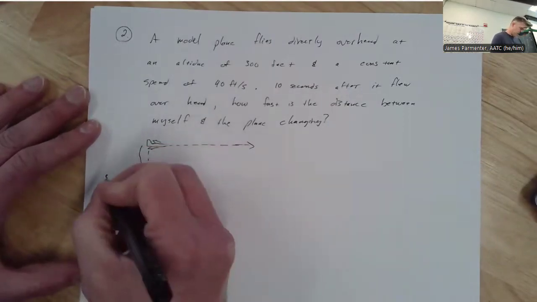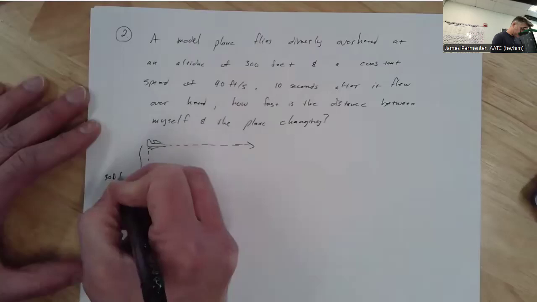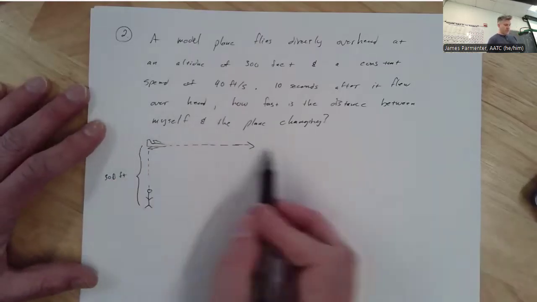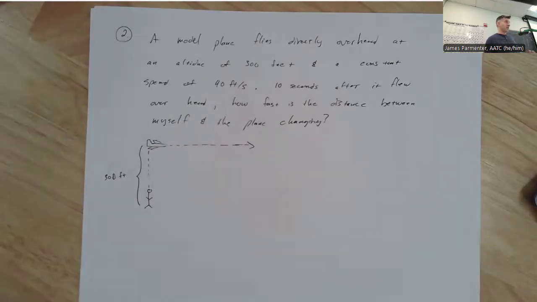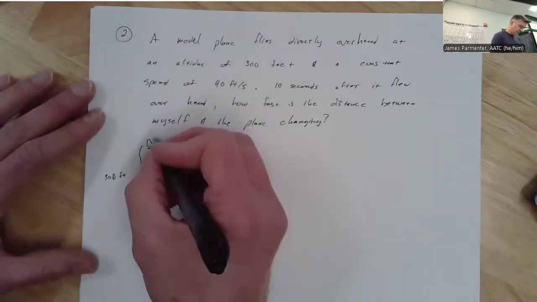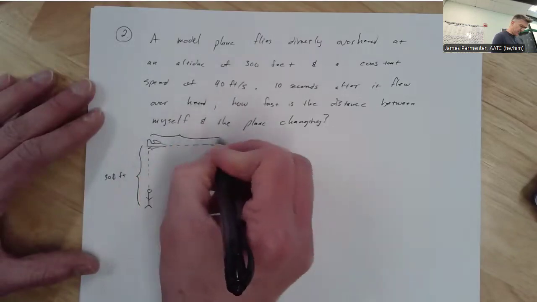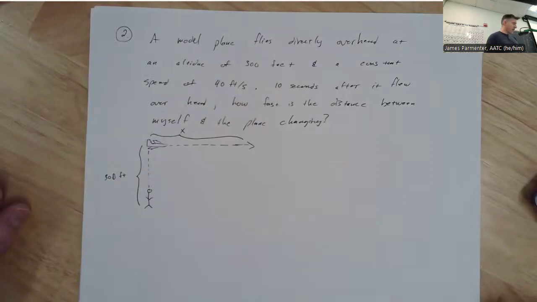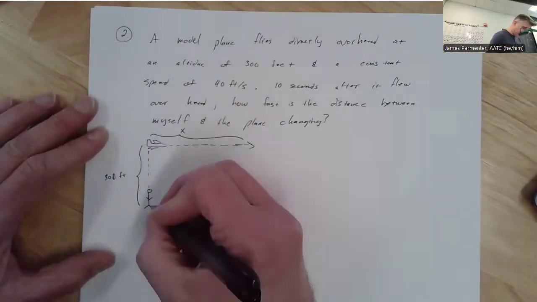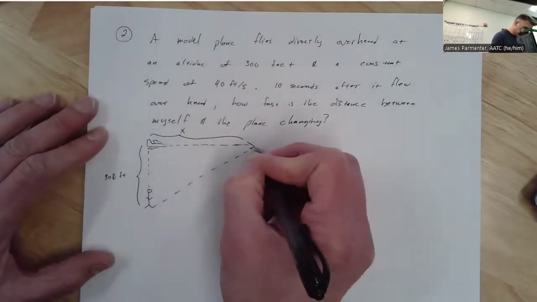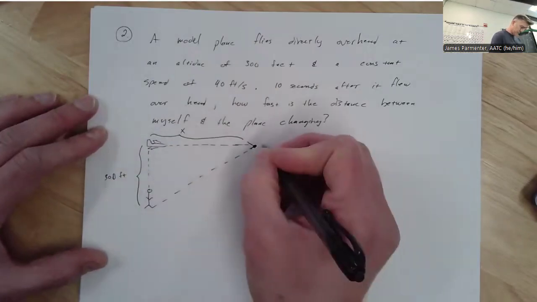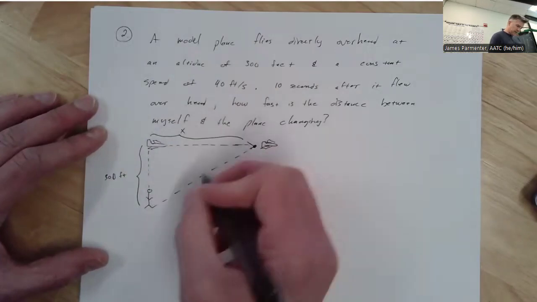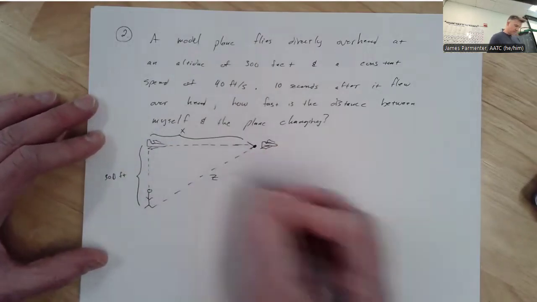It's 300 feet. However, we know that this horizontal distance it's moving is certainly changing, right? It's going to the right. So how far away it is from being directly above me, we're going to call that x. And also, the distance between myself and wherever the plane is, that's also changing. So here's the plane later. And that distance I usually call z.